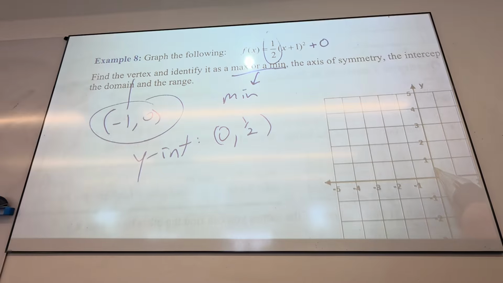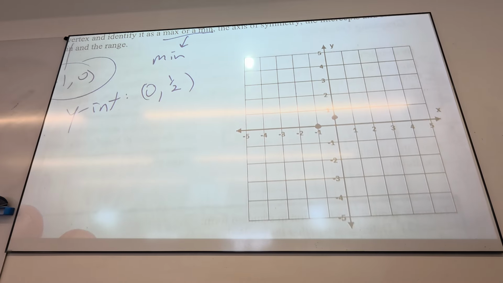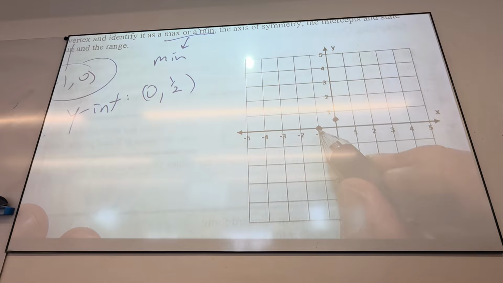So I got 0, 1/2. I got negative 1, 0. Where is there another point? That's true. So there's got to be another point there.